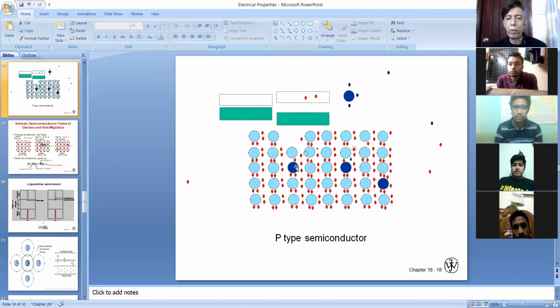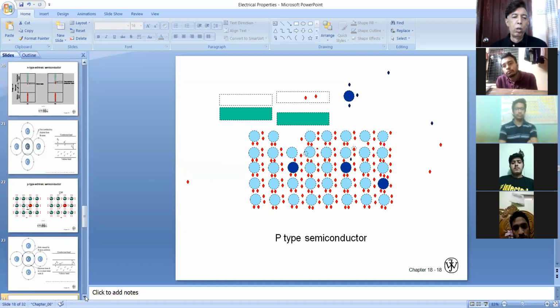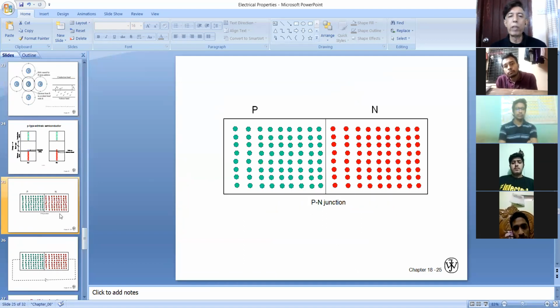Obviously. Say, for example, this is hole, and say, for example, this is electron. But the main thing is the silicon. So silicon is everywhere.